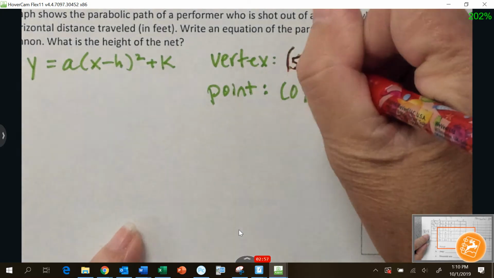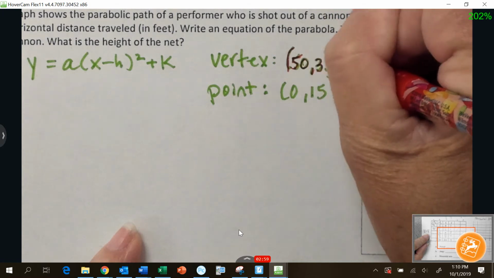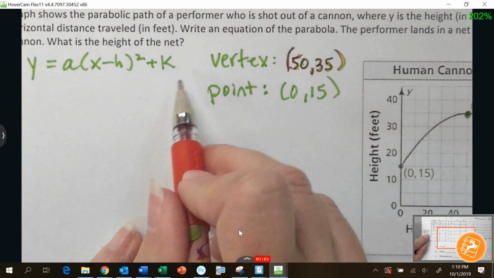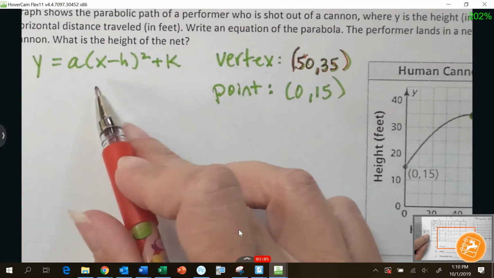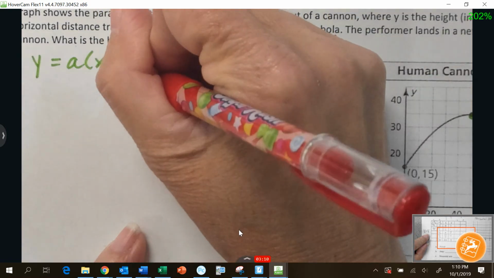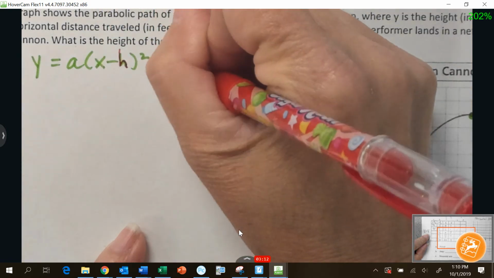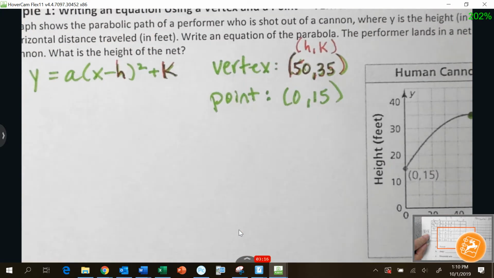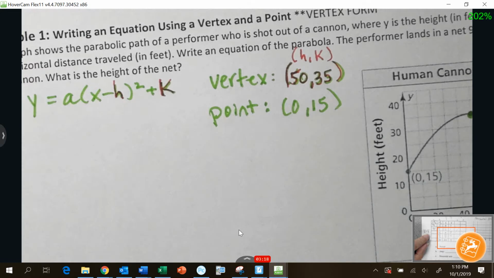My vertex, I'm outlining in red. The vertex is what letters over here? Right, the vertex is h, k. So this is where the vertex is going to go. And then the point, I'll outline that in colored pencil pink.